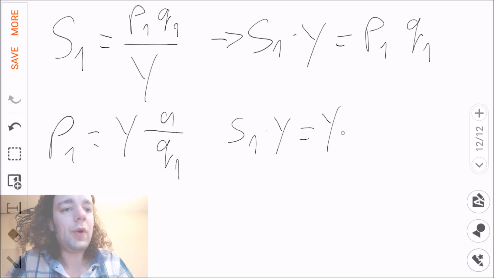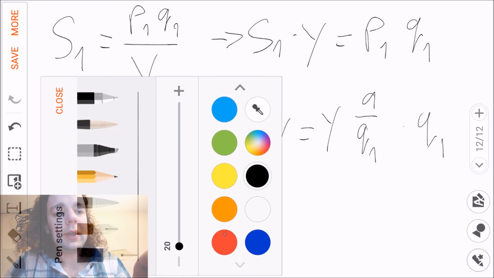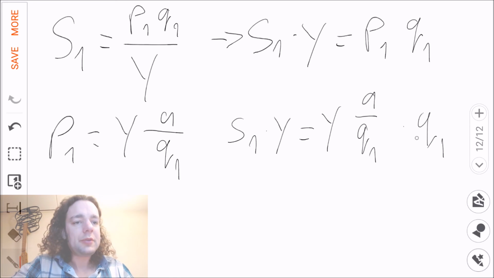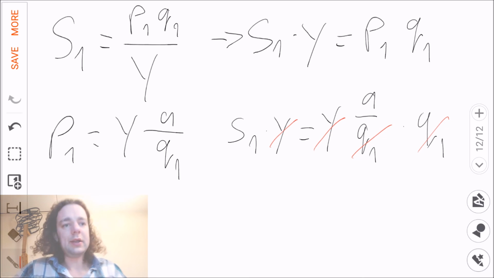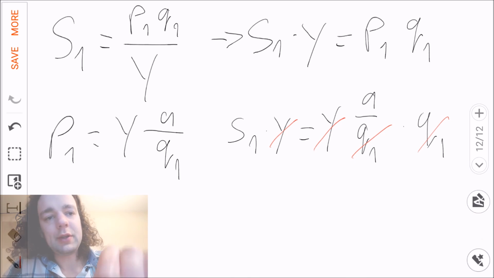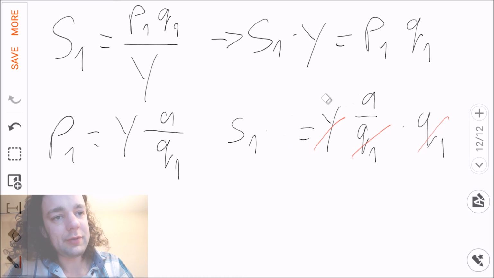So we get Y A divided by Q1, and this is multiplied by Q1. Okay, and now some stuff drops out. The Y is on both sides, gone. And Q1 also, dividing here, it's gone. So great, what we are left with is very simple.